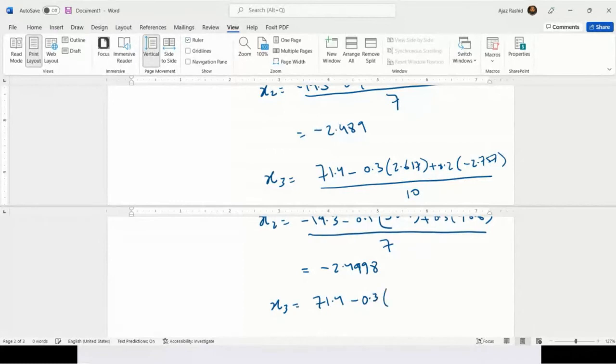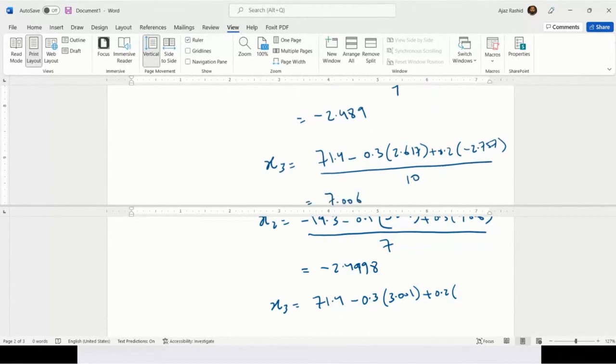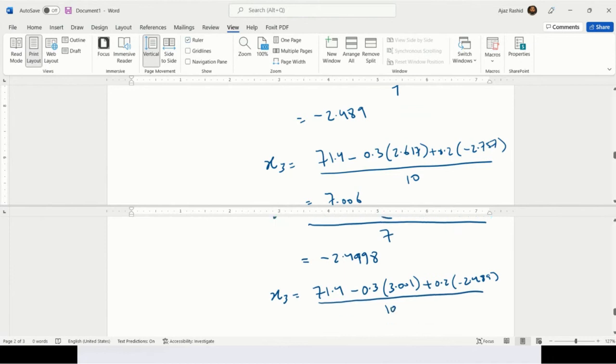71.4 minus 0.3 into 3.001 plus 0.2 into minus 2.489 over 10.